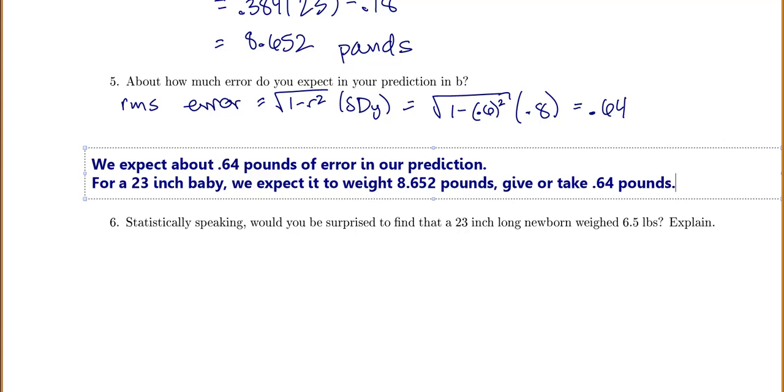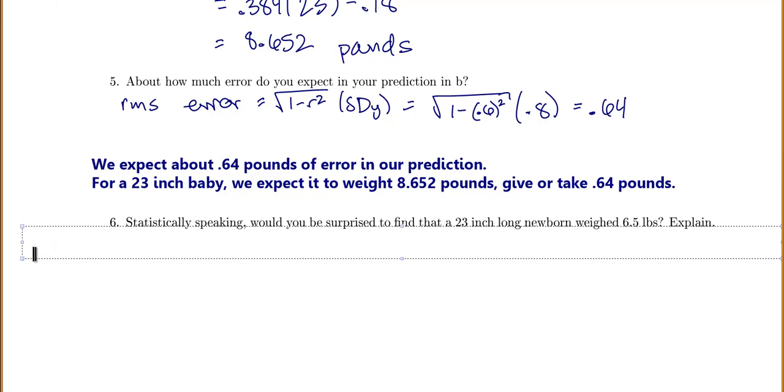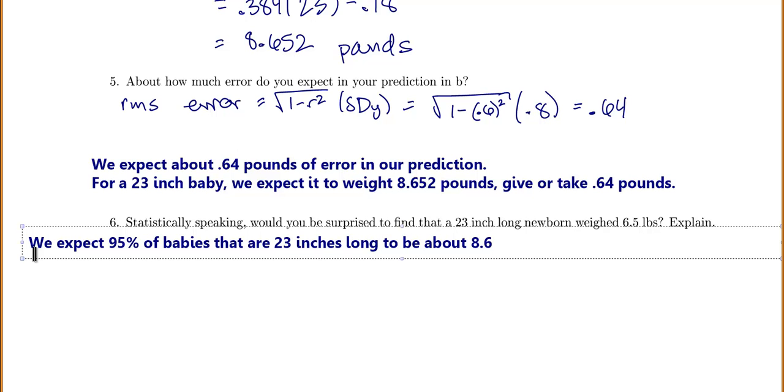So we expect to be off by about 1 RMS error, and we really expect to not be off by more than 2 RMS errors, because we expect 95% of babies that are 23 inches long to be about 8.652 plus or minus 2 times 0.64 pounds. So be within 2 RMS errors.